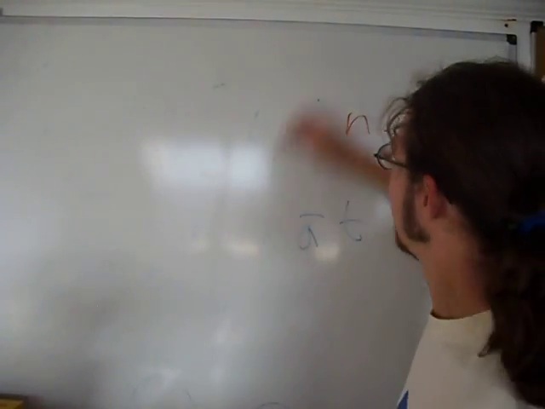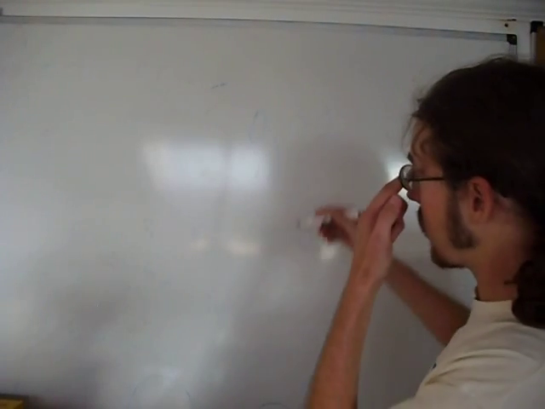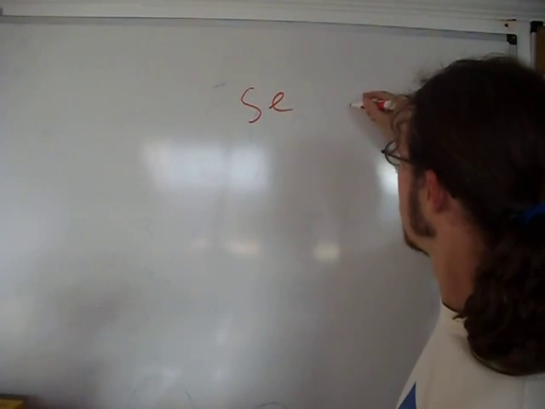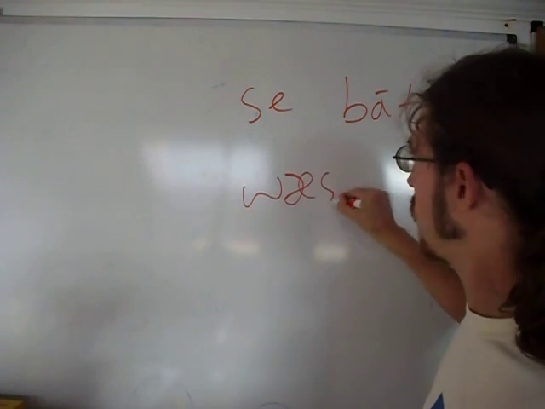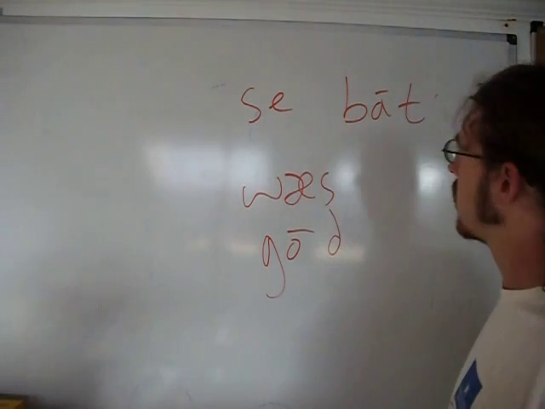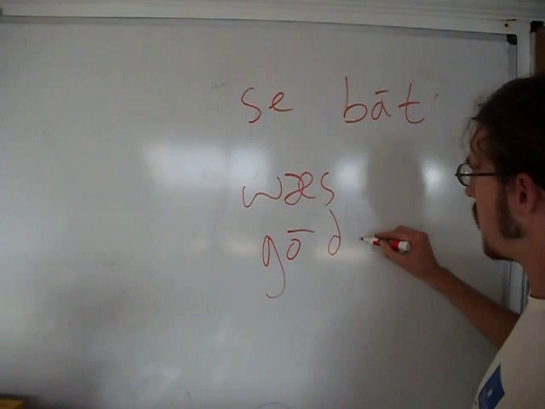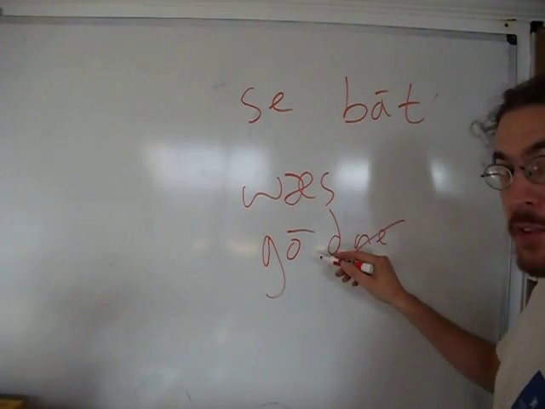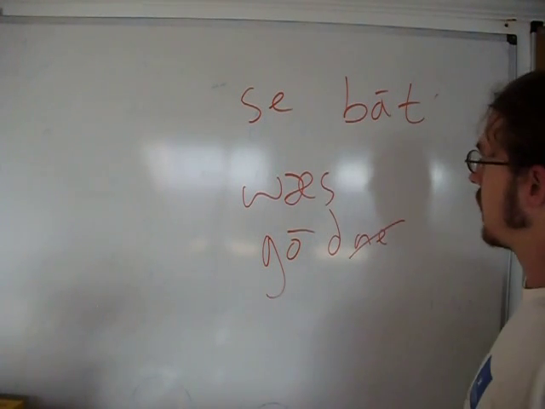So let's do it. It's going to be the subject this time. The boat's the subject. So it's going to be sē bāt was gōd. Funny ending. Well, no ending on the end, because this time it's nominative, agreeing with the boat, which is doing the verb.